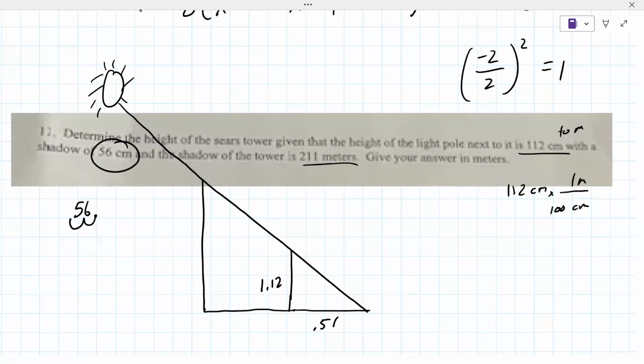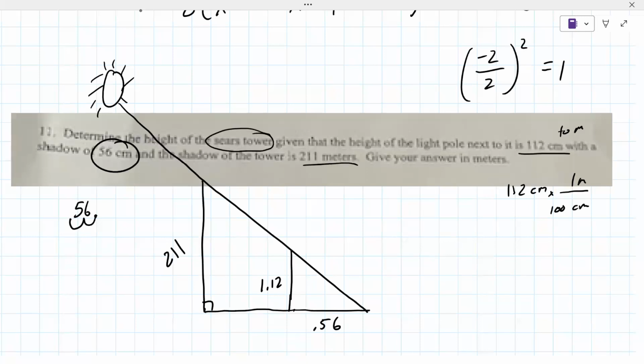So it's 0.56 is the shadow. And then the tower itself is 211 meters, which again doesn't seem quite right. The Sears Tower is over 1,000 feet. 211 meters is not even close to 1,000 feet, but I didn't make this problem.